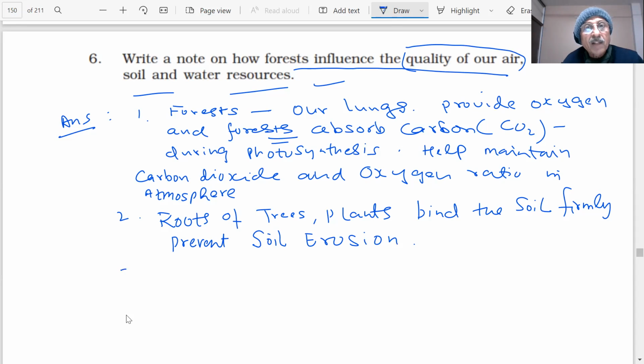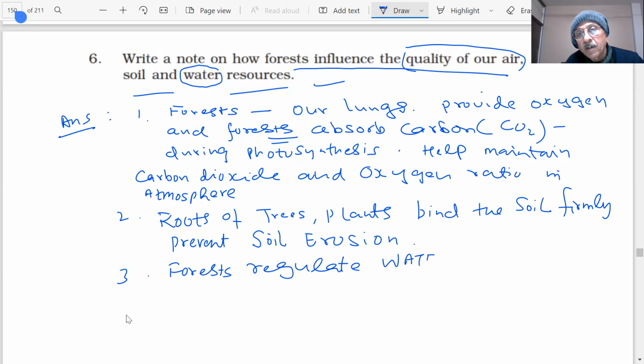And what else is there? Water resources. How are forests helping in water resources? Tell me. Forests regulate the water cycle, okay?